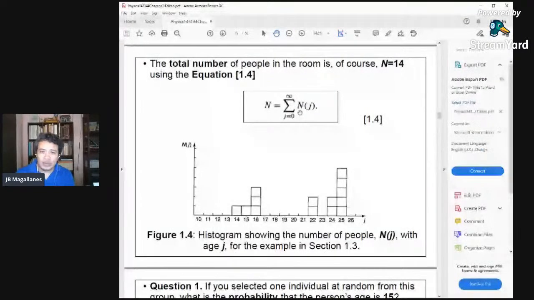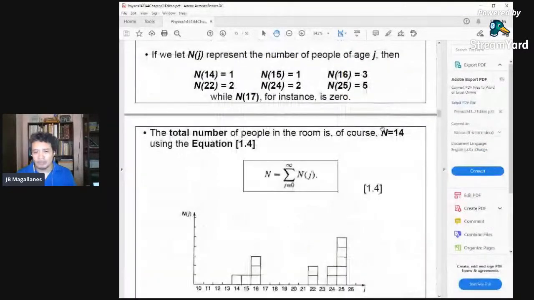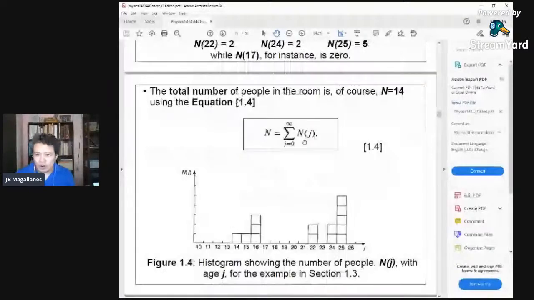Of course, n of 0 is 0 plus n of 1, which is also 0, n of 2, which is also 0, until you reach n of 14 or 15, which are non-zero. And as you go on to infinity, the total would just be 14.